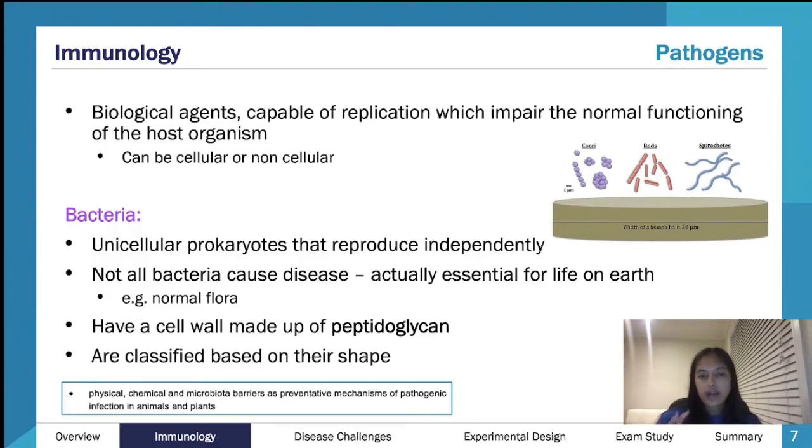So it's important to be able to recognize things like flagella and pili, so you can see it on a diagram and know that you're looking at a bacterium, but also so that you understand that the flagella may be part of an antigen that an antibody is specific for, for example. Just get very comfortable with knowing key things about bacteria and knowing what they look like on a diagram as well.